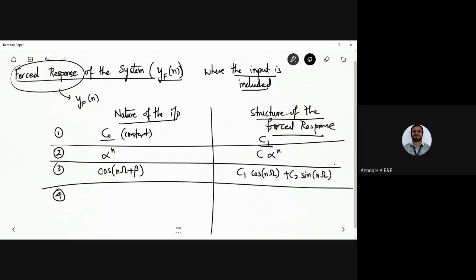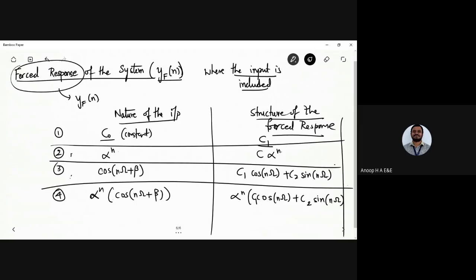Fourth one is alpha power n multiplied with cos of n omega plus beta, so 2 and 3 being multiplied. What I can have here is alpha power n times C1 cos of n omega plus C2 sin of n omega.